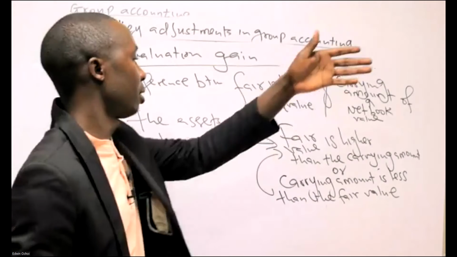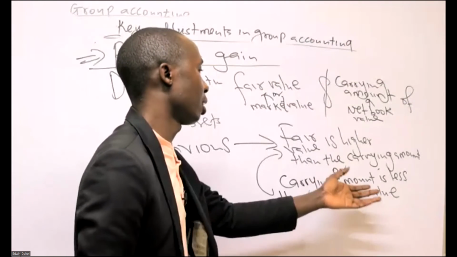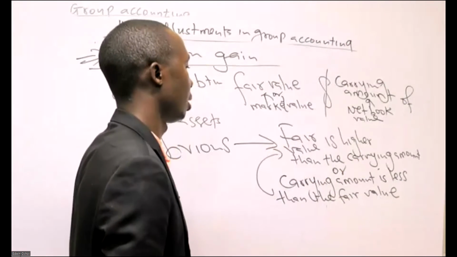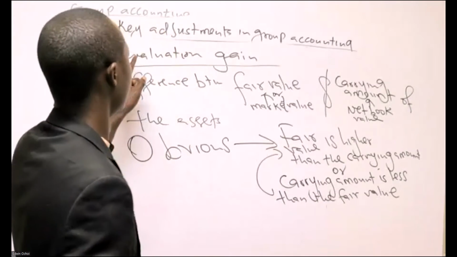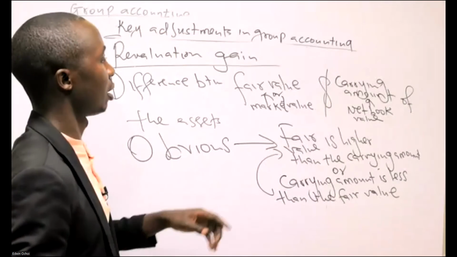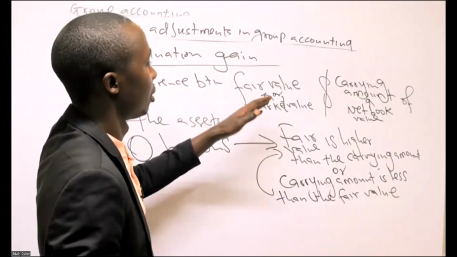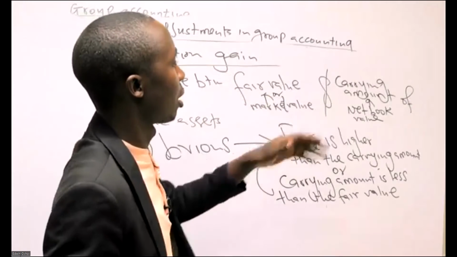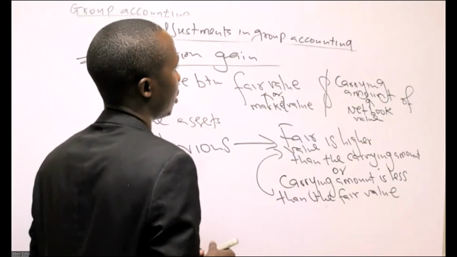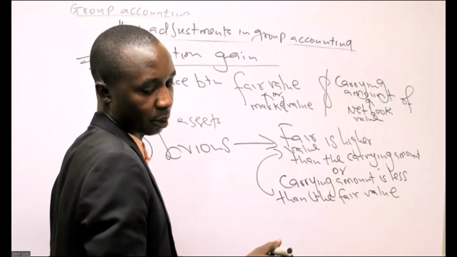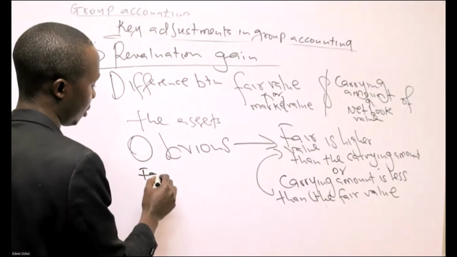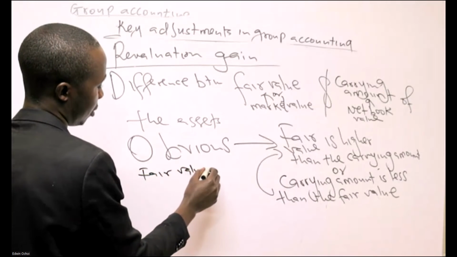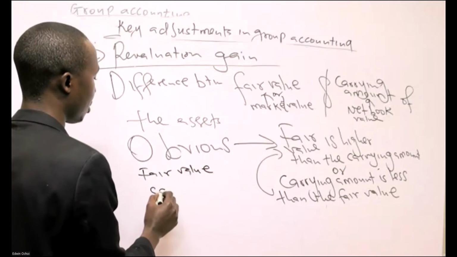The fair value is higher than the carrying amount, or the carrying amount is less than the fair value. So that is a revaluation gain. Or in a question they can provide the fair value and give you the carrying amount.